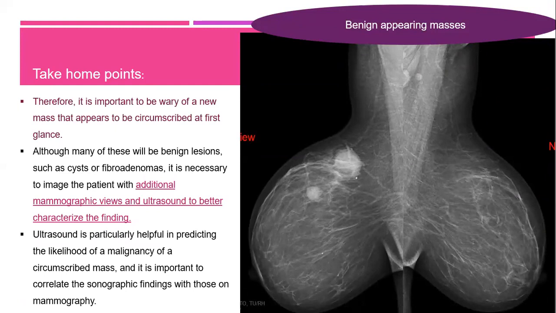Remember again, circumscribed lesions do not exclude malignancy. You have to characterize further and make sure of the margins. Ultrasound is very helpful in predicting the likelihood of malignancy and characterizing lesions, and we have to correlate the ultrasound findings with mammography.